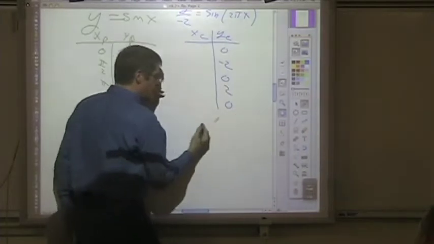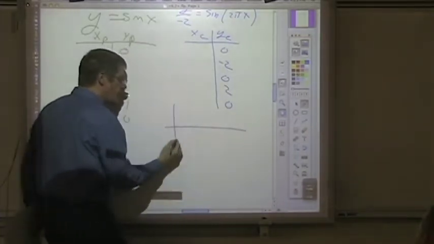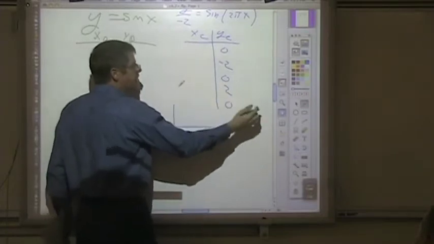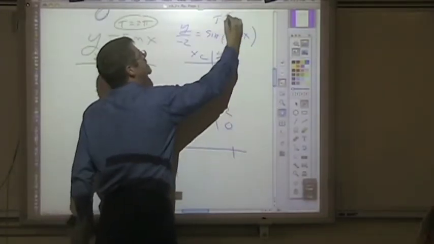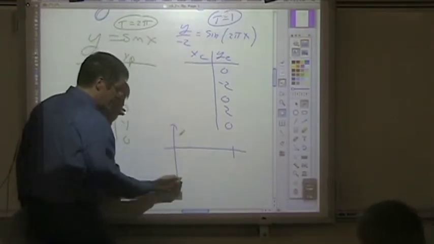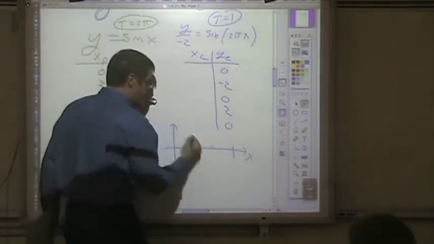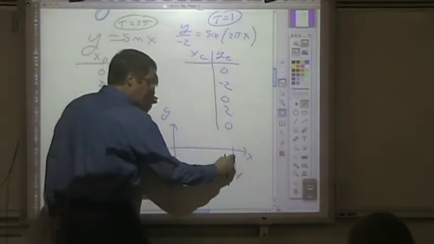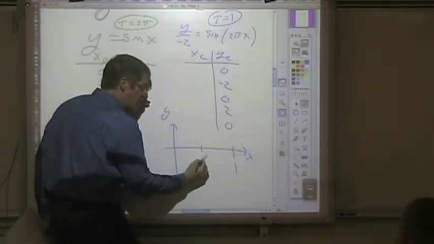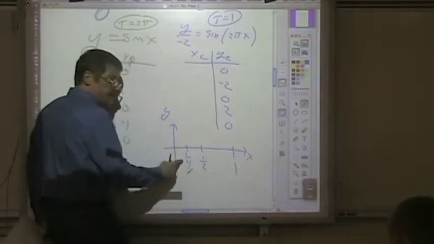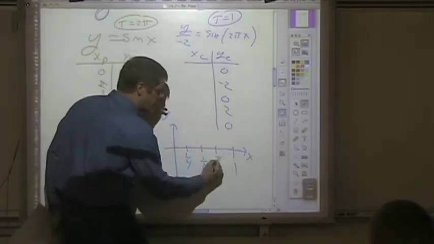So when you're sketching the graph, instead of going out from 0 to 2 pi, we now know the period of this child function is simply 1. And so now we can get those 5 golf balls by taking 1, cutting it in half to get 1/2, cutting it in half again to get 1/4, and multiplying 1/4 by 3 to get 3/4.